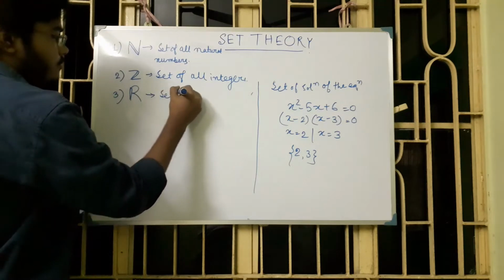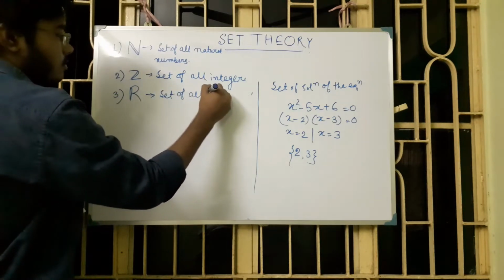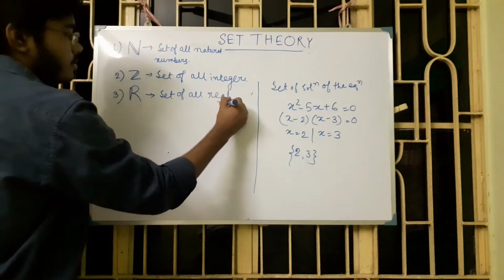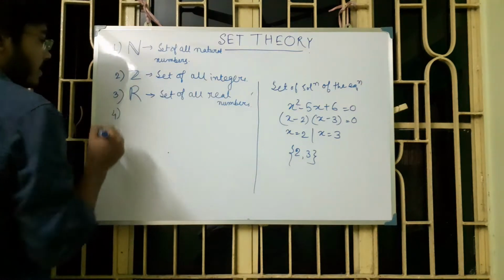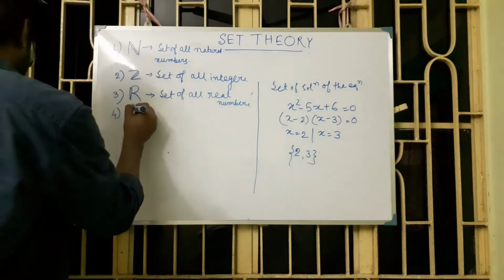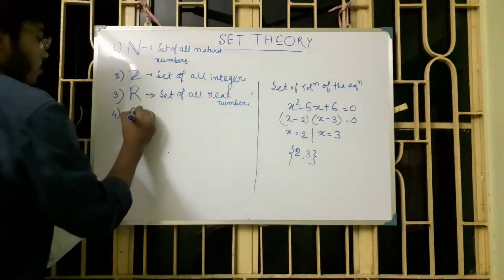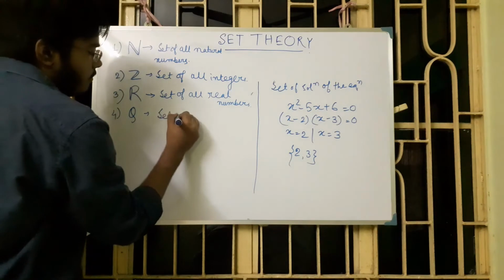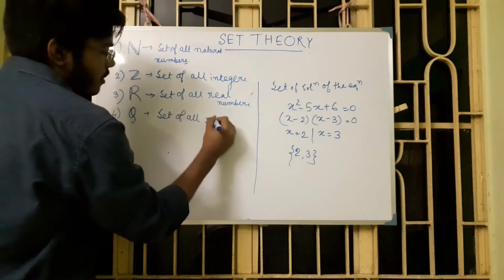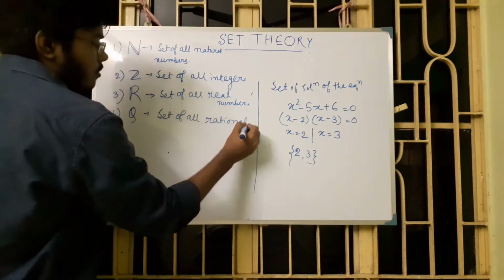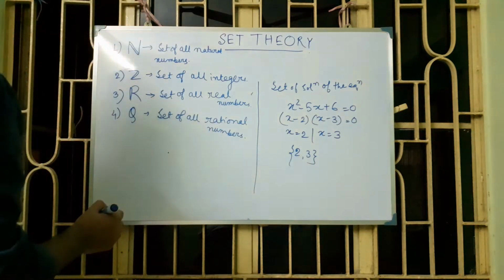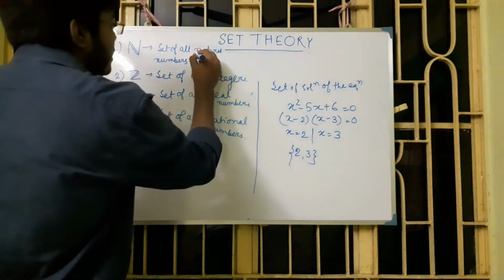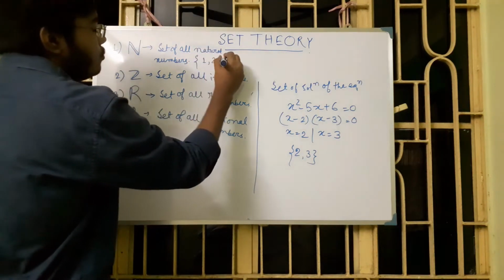Number 3, R: the set of all real numbers. Now 4 is Q: the set of all rational numbers. What are the natural numbers? 1, 2, 3, 4.